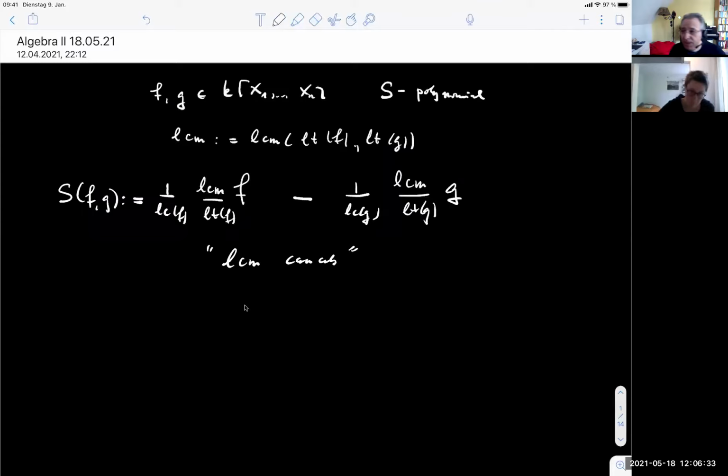So this was important in the theorem. I also recall that.